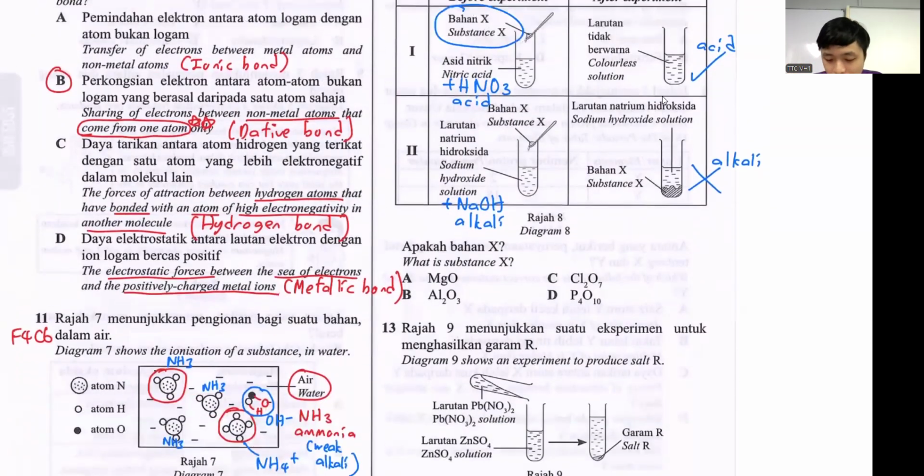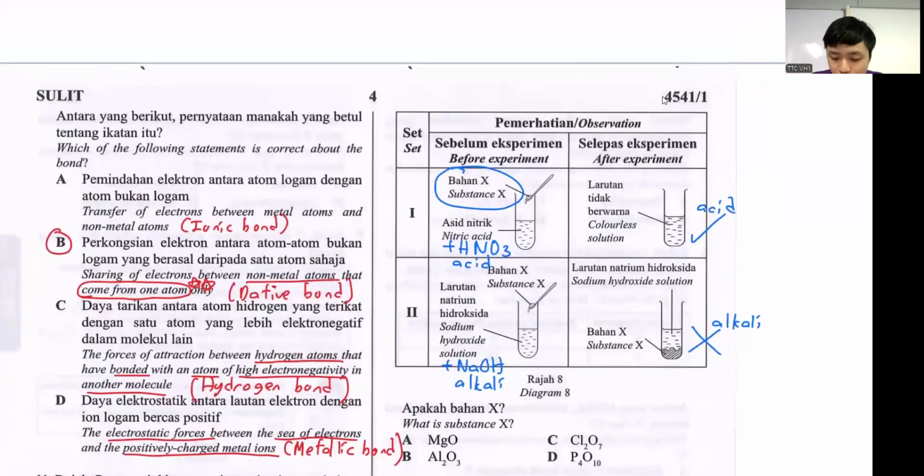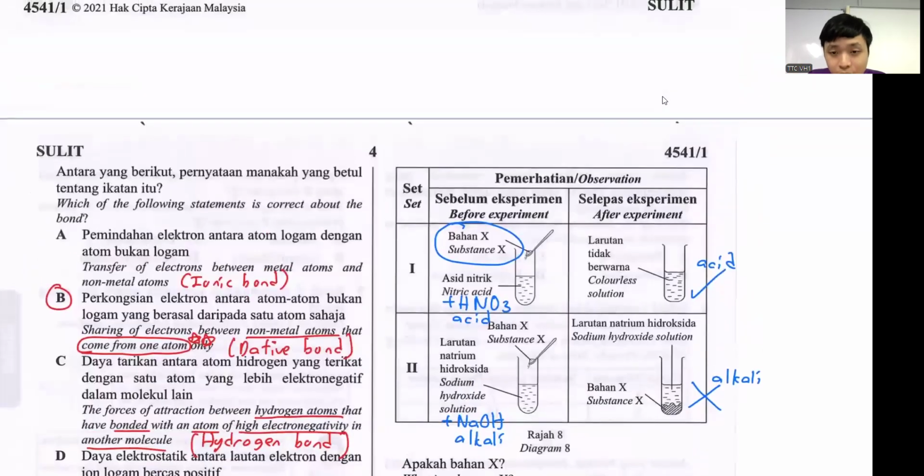So actually, in period 3, if in case you don't know, you have sodium, magnesium, aluminum, silicon, phosphorus, sulfur, chlorine, argon.